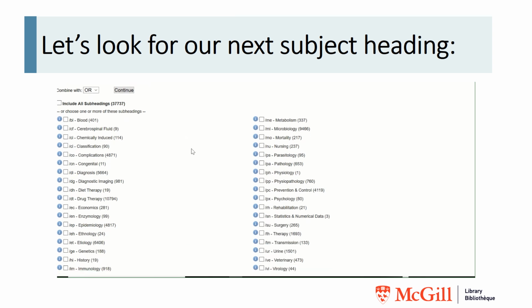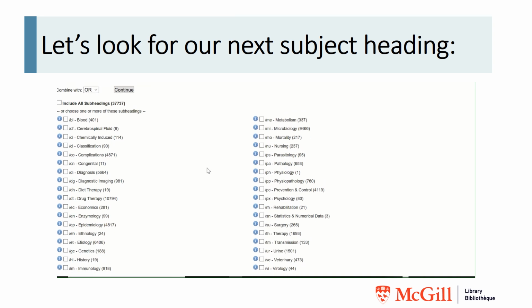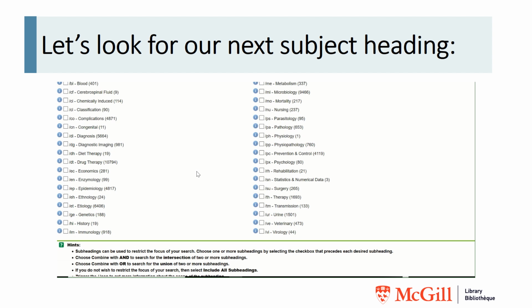But basically, this is another list of words, and they are kind of aspects that can be applied to any specific subject heading. So now, if you ever notice that one of these subheadings matches one of your concepts, you can click on it and include it.